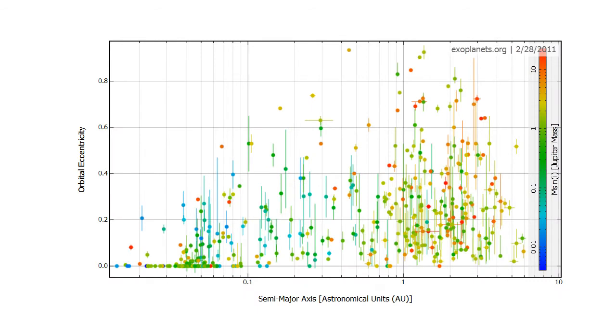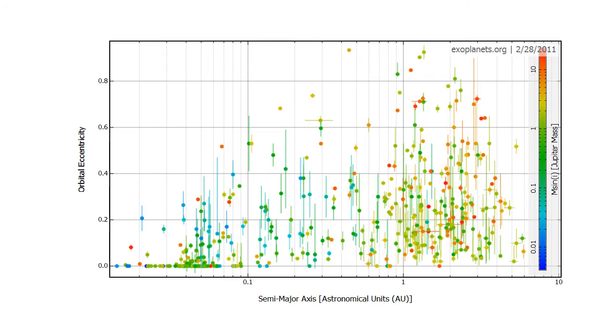The last graph from exoplanets.org shows how circular the orbits are. Value equal to 0 on the y-axis means that the orbit is circular. You see that many of them have elongated orbits, so that their distance to the star varies a lot.